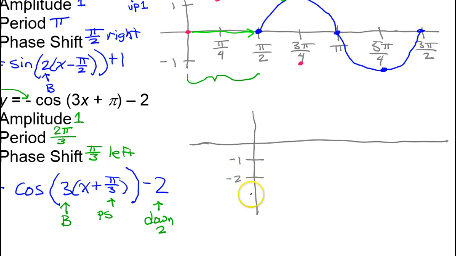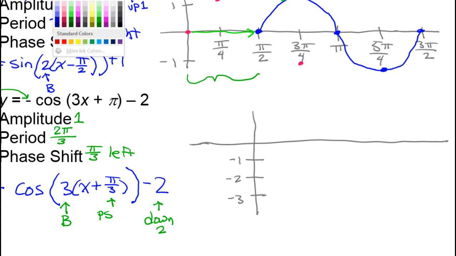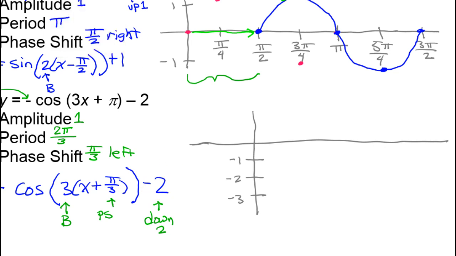I'm going to put another mark down here at negative 3. But the negative 2, that's the midline. So I'm going to draw a dotted line through here at negative 2, because that's going to be the brand new midline of this function. Okay, so instead of the x-axis, I'm going to be focusing my eyeballs on the midline at negative 2.